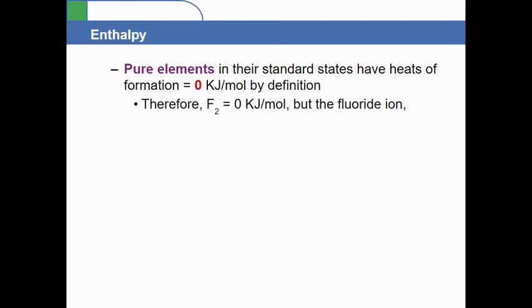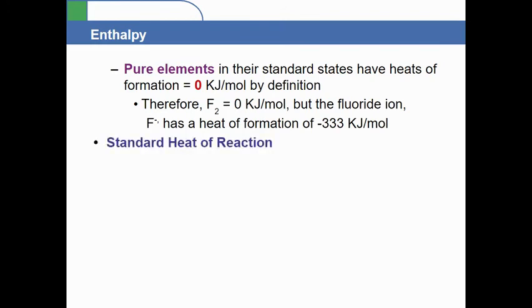So fluorine, all right, pure fluorine gas has 0 kJ per mole as a heat of formation. But the fluoride ion, all right, which is not its natural state, has a heat of formation of negative 333 kilojoules per mole, which means that when you make fluorine an ion, it releases a whole bunch of energy.